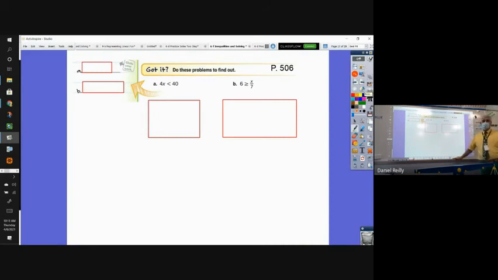Letter A here in the got it. What is the first step, the only step? What is the step for solving letter A? Holly. What do I have to do to both sides of this to get the solution?